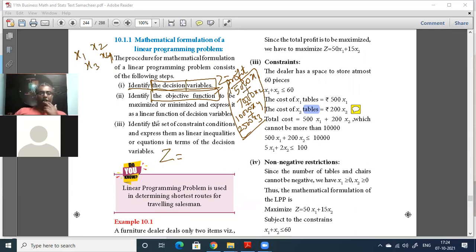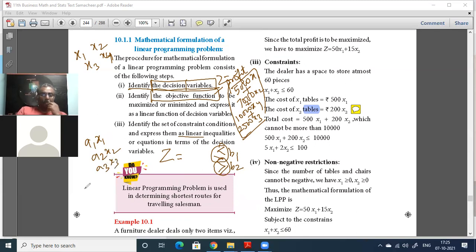Now, the third point is to identify the set of constraint conditions and express them as linear inequalities, because either it is less than or equal to B1 or greater than or equal to B2. So these are inequalities, less than or equal to or greater than or equal to. That also should be expressed linearly, because we saw A1 x1, A2 x2, A3 x3, like that.